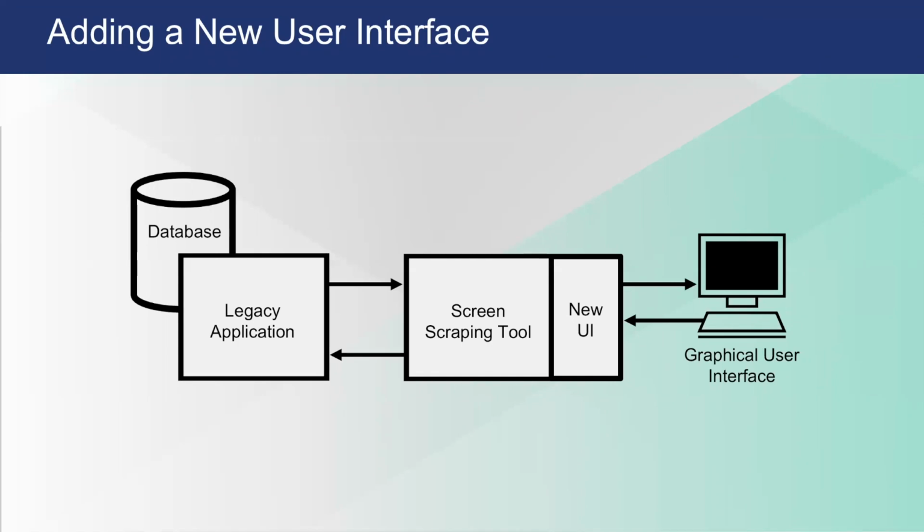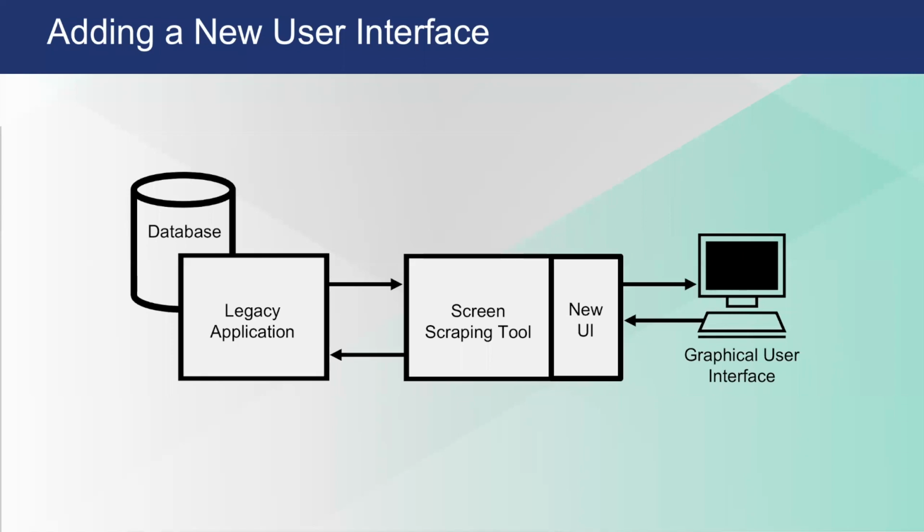Adding new user interfaces was another approach to modernization, which is really saying, all right, I'm going to take the legacy application, use that screen scraping tool, that refacing tool, but have a method where I'm scraping just the information off that screen, or maybe multiple screens, to create a whole new user interface for the user.